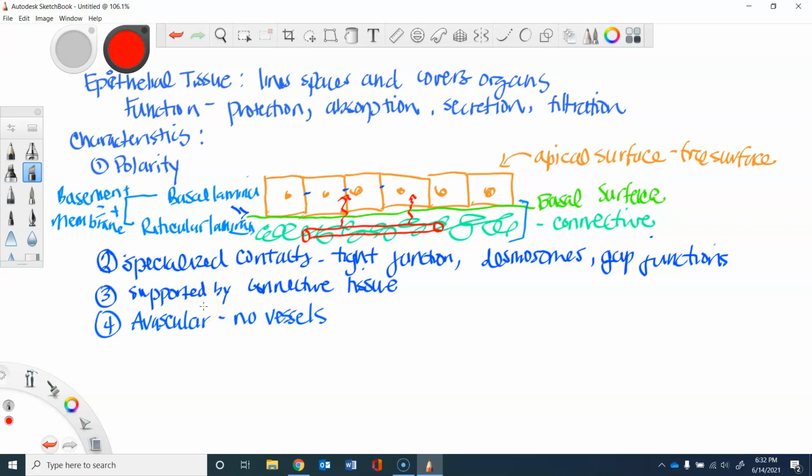The epithelial tissue is avascular, has no vessels, so it must be connected to a connective tissue that has vessels. And it also has nerves. So it doesn't have vessels, but it has nerves. It has receptors. Like in the skin, we've got epithelial tissue in the epidermis, and it has receptors for touch.